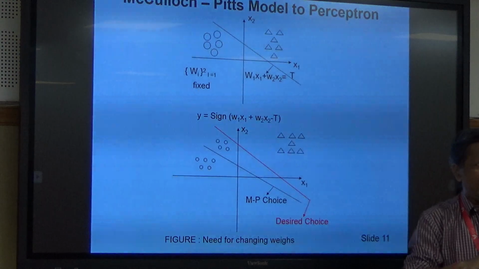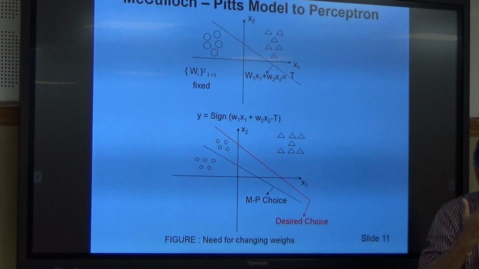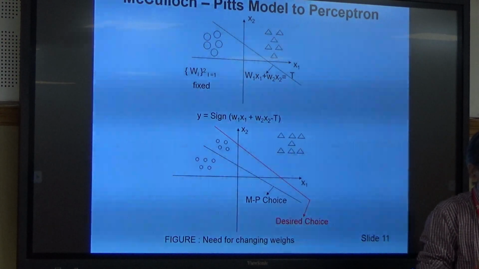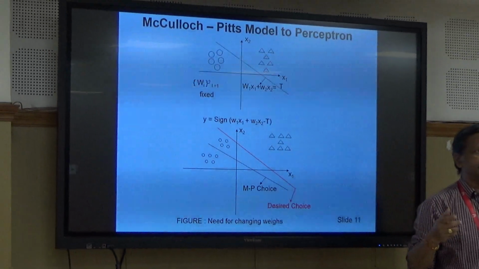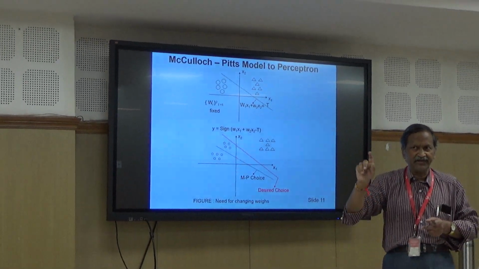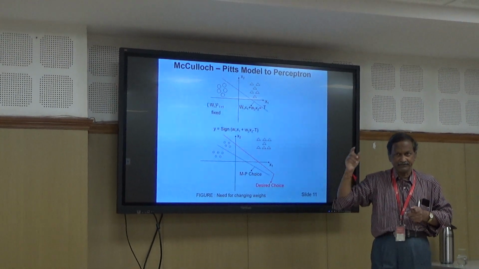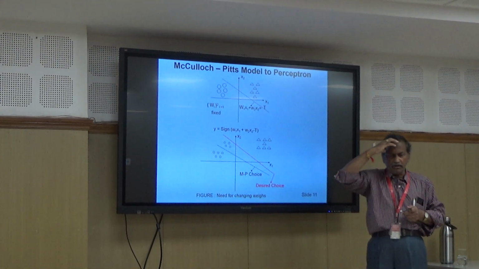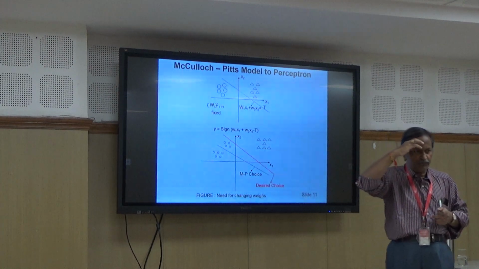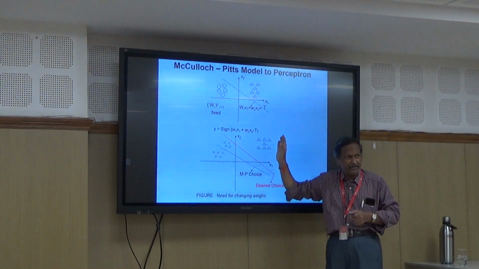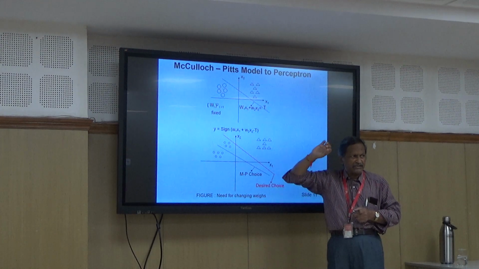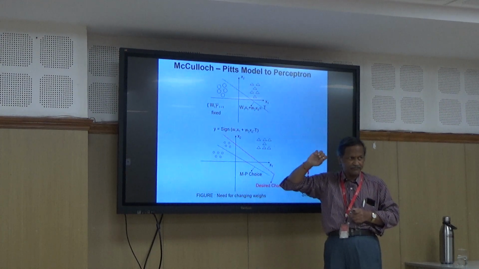Suppose we give a new pattern, and it got into an error. We change the weights, but the first one may now become erroneous. The classification may become erroneous. So, we all agree that there is a need to change the weights whenever a classification error occurs.